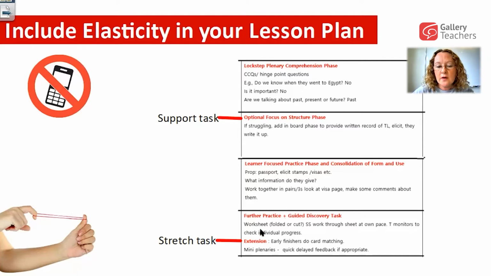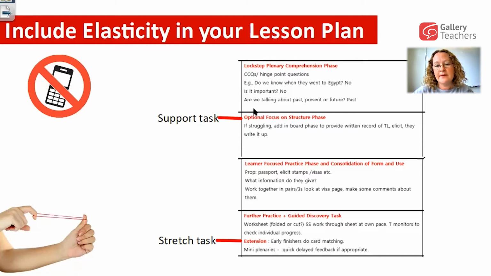And we've also got extension here, thinking about early finishers, doing another thing. So we've got a stretch task. We're stretching that elastic band, saying some of you can do a bit more, because if we don't differentiate, you're going to be bored or switch off. If we make it too easy, we lose engagement. If we make it too difficult, we lose engagement.